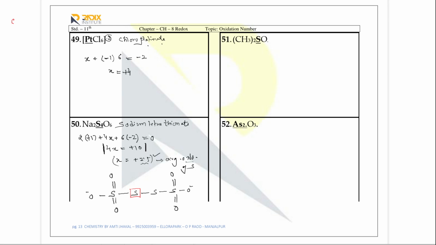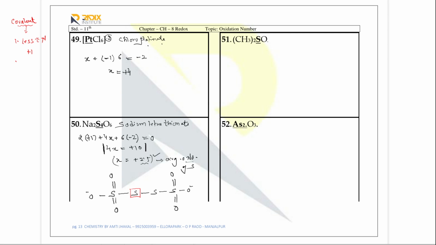For covalent bonds, we have the rule. In case of covalent bond, rule number 1: the less electronegative atom gets plus 1 per bond.